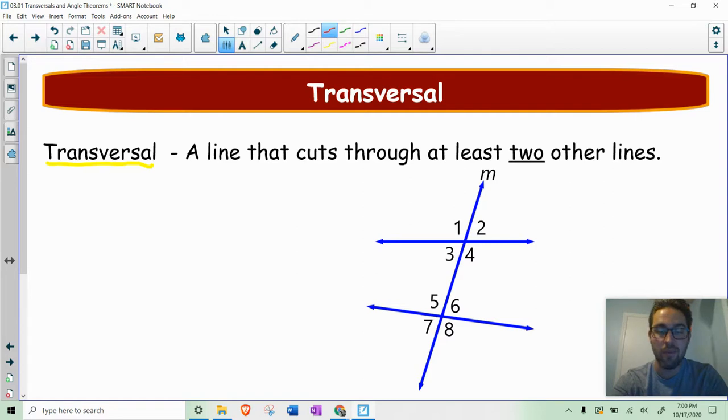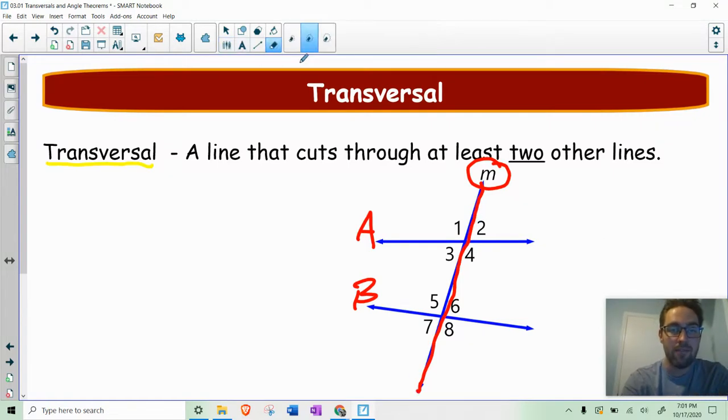So I could say, for example, lines A and B. We have those two lines. And our transversal is M. Because when we do that line, that's what creates all those angles, 1, 2, 3, 4, 5, 6, 7, 8.